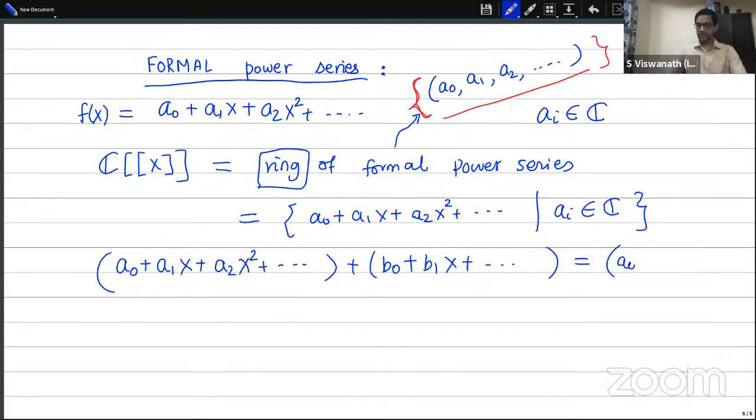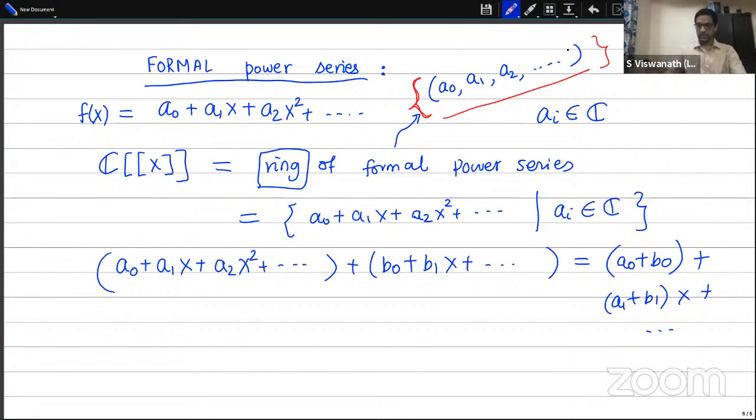I can just say this is A0 plus B0 plus, and so on. So it's an infinite sum. The right hand side is again some formal power series, right? Or if you want to think in terms of sequences, I'm saying take two sequences, you add them up by adding up the corresponding terms.